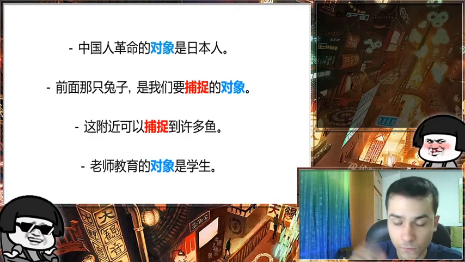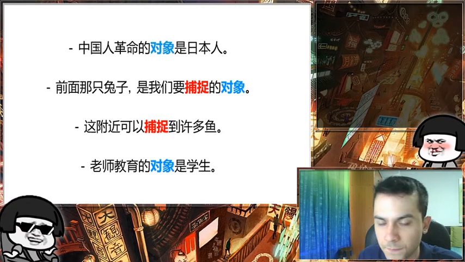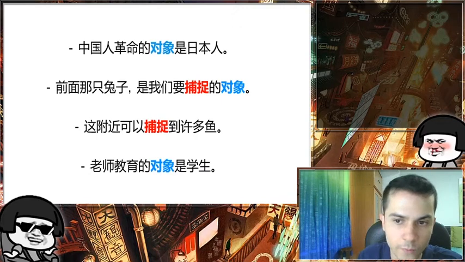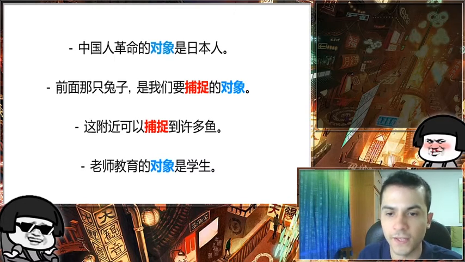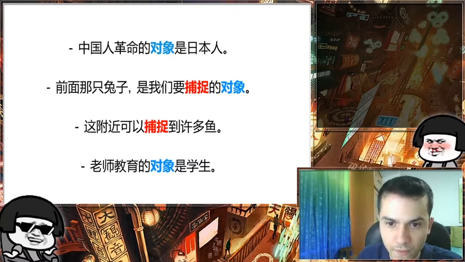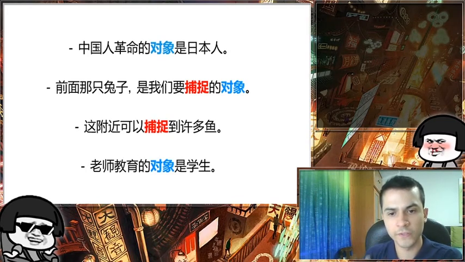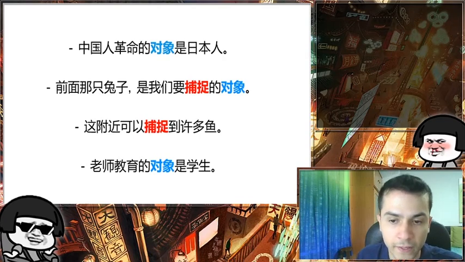Basically, that rabbit we have in front of us is the one we have to catch. Okay, is the target, the object of the action catching, right? Okay, that makes sense. Let's continue. 这附近可以捕捉到许多鱼 So here it says that nearby you can catch a lot of fish.